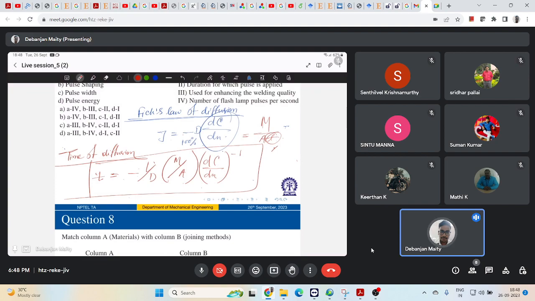This I'm basically doing once again, whatever you have gone through in the video lectures. And how can you calculate those diffusion coefficients over there? How can you calculate the diffusion coefficient?